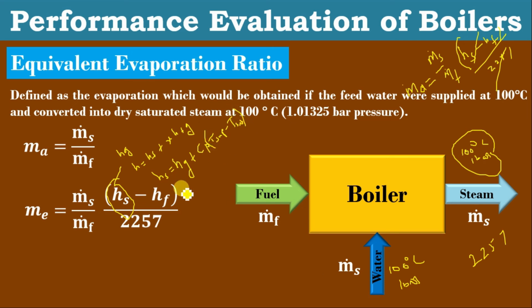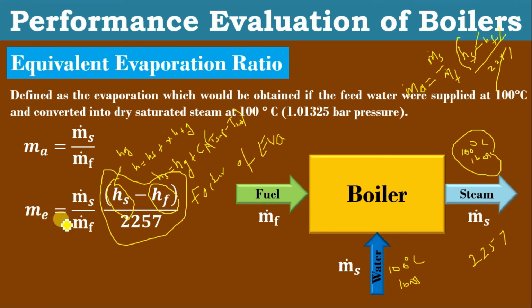Remember that. This is the feed water enthalpy and this factor is known as the factor of evaporation. So this will always be greater than 1 and we multiply with mass of steam.